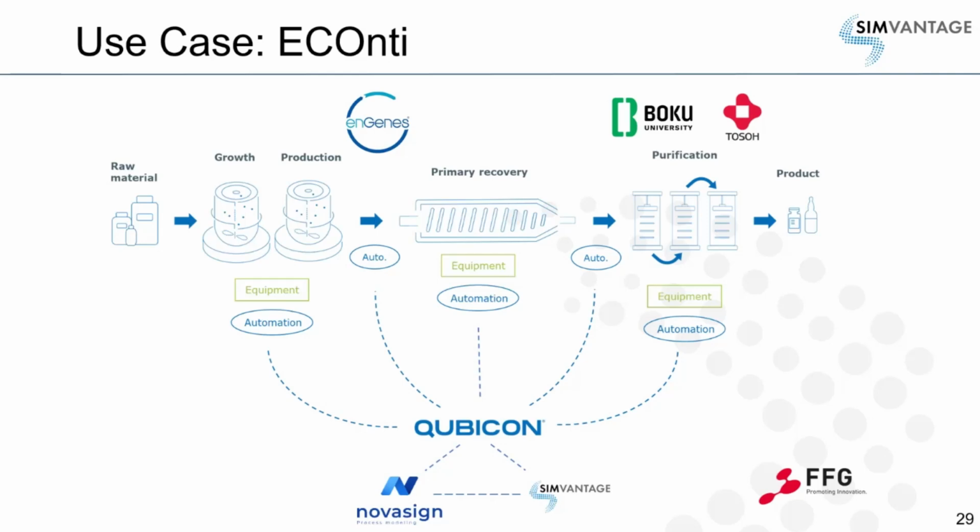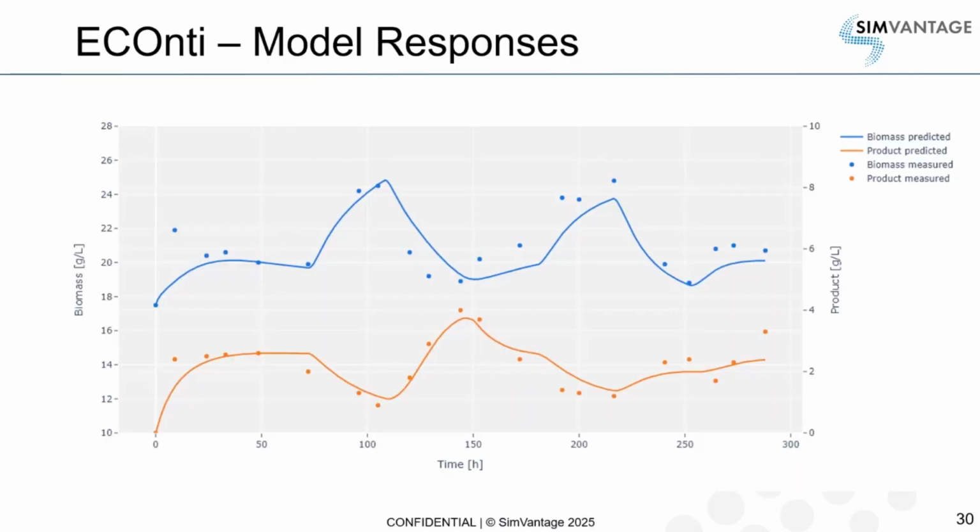All the data came together at our partner Cubicon, which then told us all the information we need for the bioreactors, and then we gave our results back to Cubicon to display to the operators, and to Novasign to improve and inform their hybrid models, which in turn gave their data back to Cubicon.